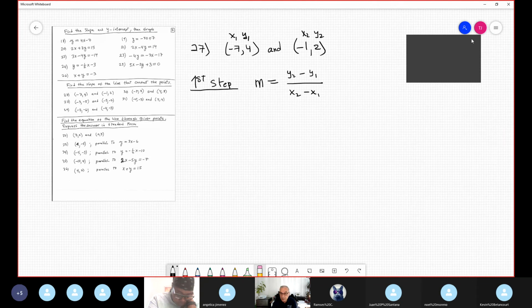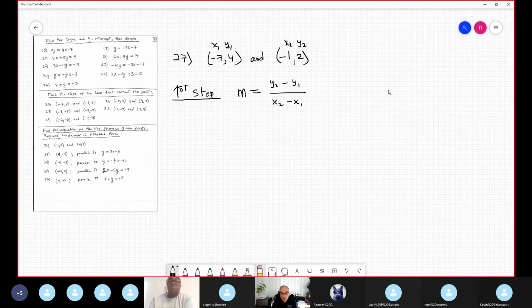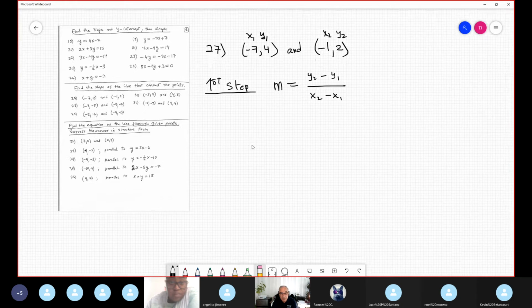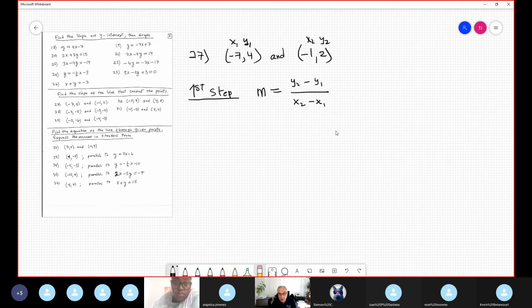Substitution. Who is y2? 2. Minus. Who is y1? 4. Who is x2? -1. Who is x1? It's -7. But remember, we have double negative: negative of the formula and negative of the value.